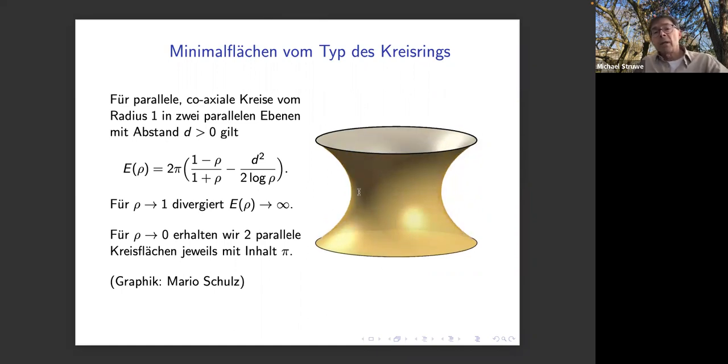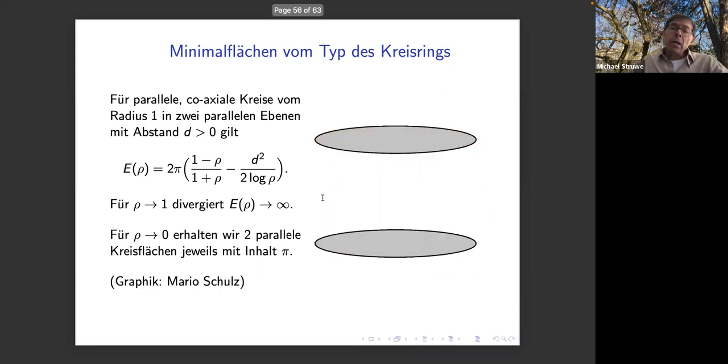This is the critical distance, d equal 1.3254 or whatever it was, where the two catenoids coalesce. And then when we increase the distance slightly more, then only the pair of topologically degenerate disks remains. So I think this graphic beautifully illustrates what's happening.